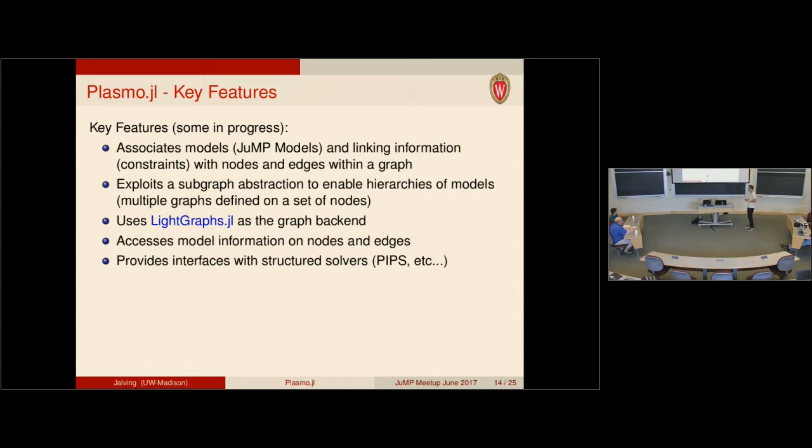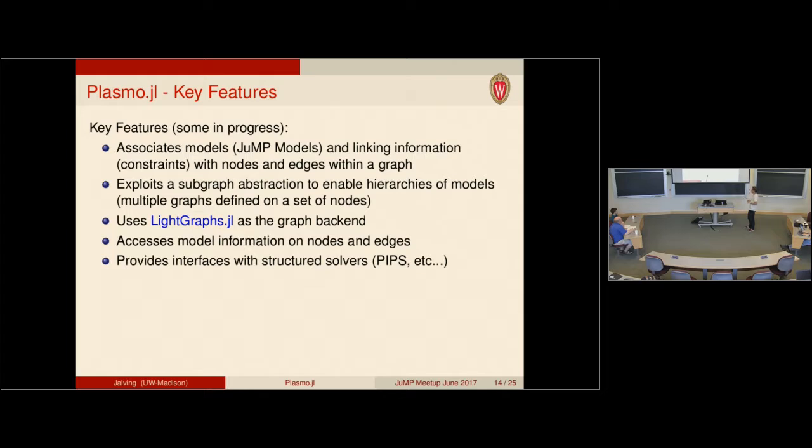It uses LightGraphs as the backend. Originally, when I developed it, I just started writing my own graph backend and then realized it was completely unoptimized and inefficient. So then I tried Graphs.jl and realized that I was running into a lot of bugs, and that wasn't a very supported package, and it seemed that the whole community was going towards LightGraphs. So I went ahead and just wrote a quick interface, and now we use LightGraphs as the graph backend, and we use JuMP as the modeling end.